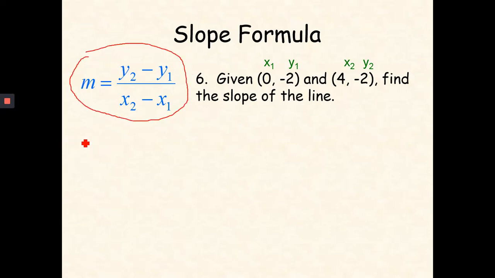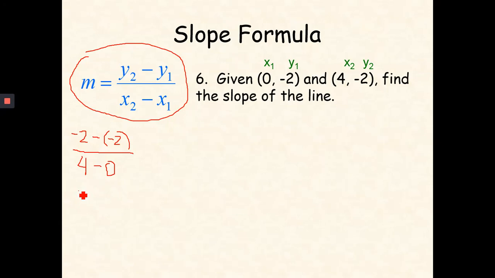And then let us now apply this formula. Okay? So we have y sub 2 is negative 2 minus your y sub 1 is negative 2. So again, as what I have told you, you need to put open and close parentheses to signify that your y sub 1 is negative. Okay? All over your x sub 2 is 4 minus your x sub 1 is 0.